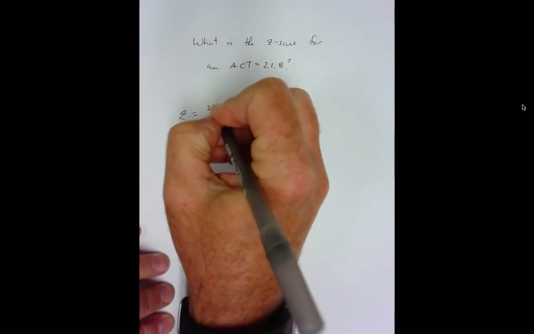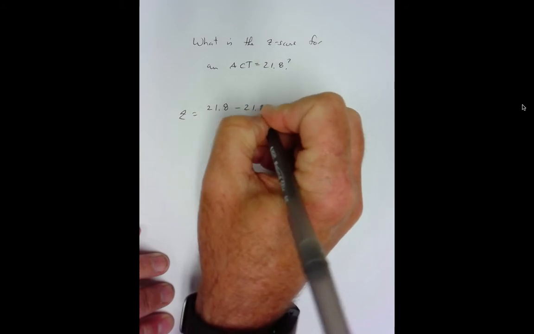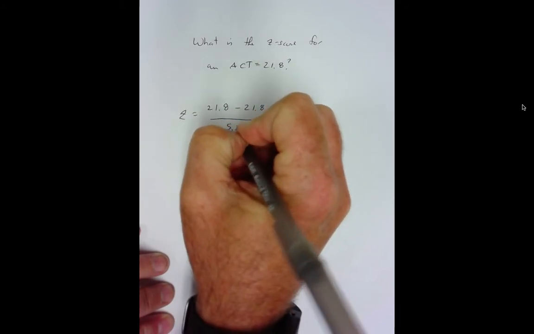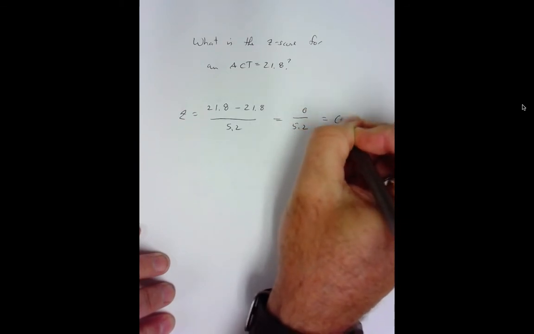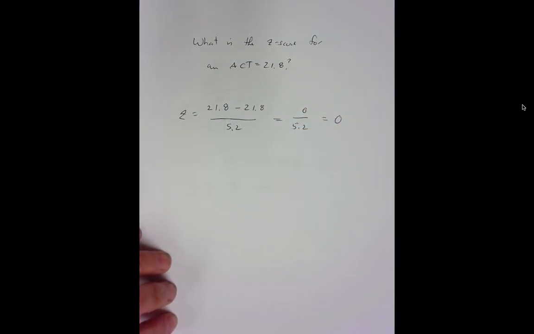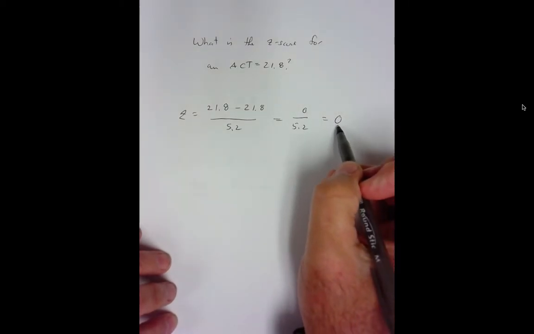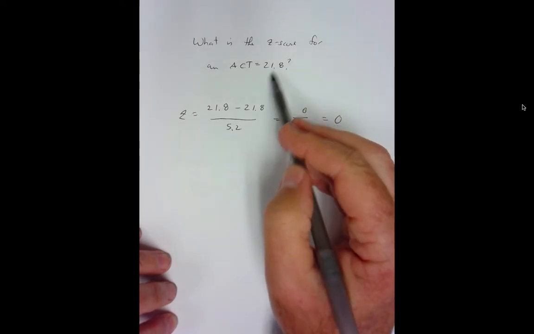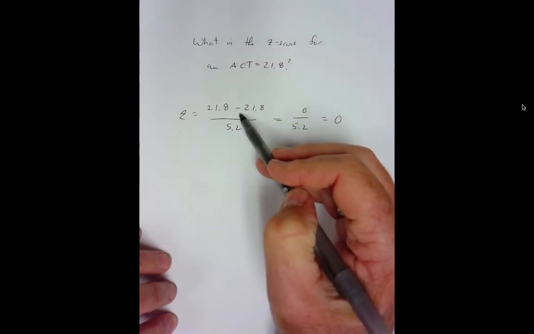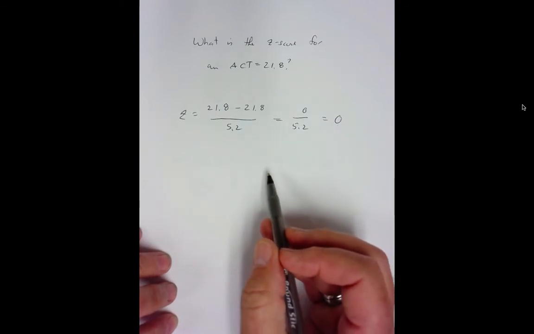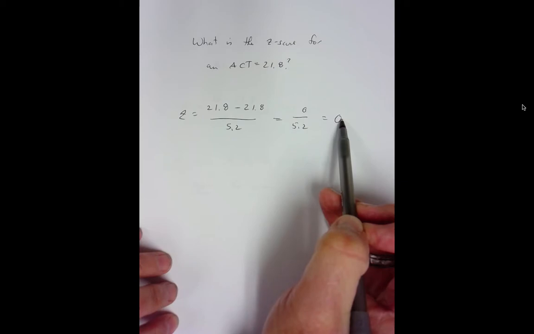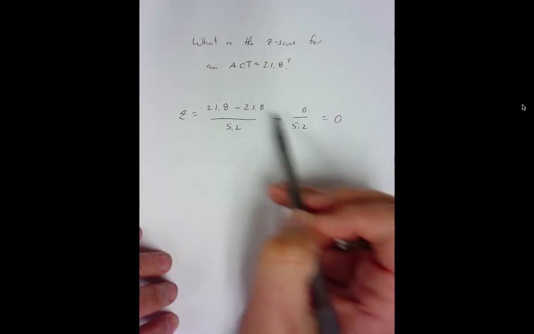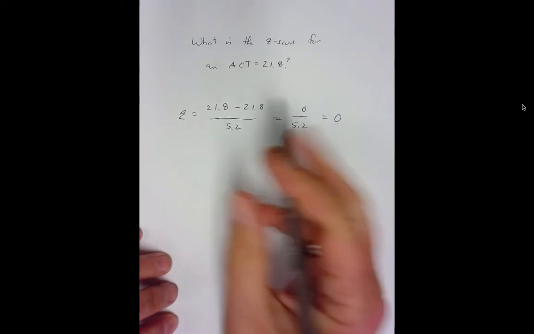So our z-score is 21.8 minus the mean of 21.8 divided by the standard deviation of 5.2, which is 0. So this tells us that the score is no standard deviations above or below the mean, because the score is exactly the same value as the mean. So our interpretation is that an ACT of 21.8 is 0 standard deviations above or below the mean.